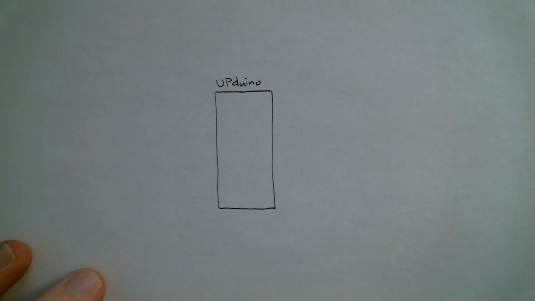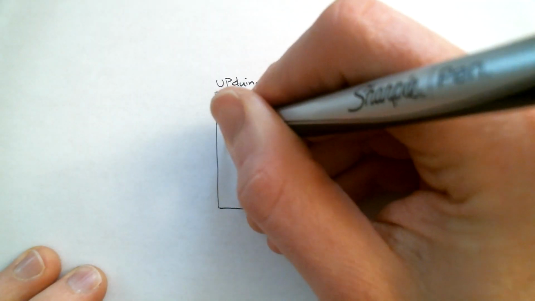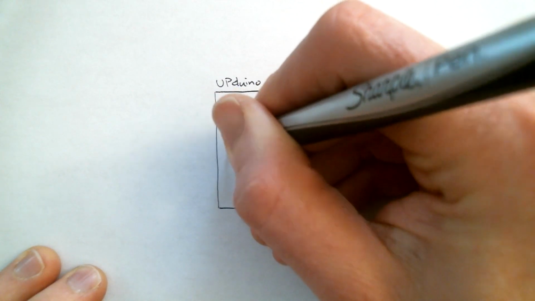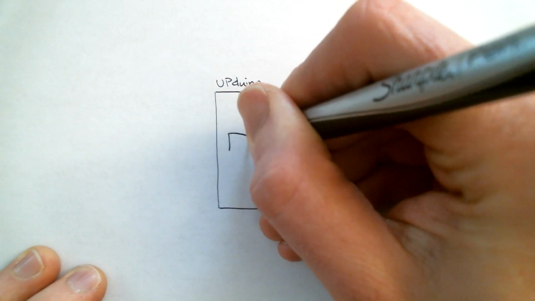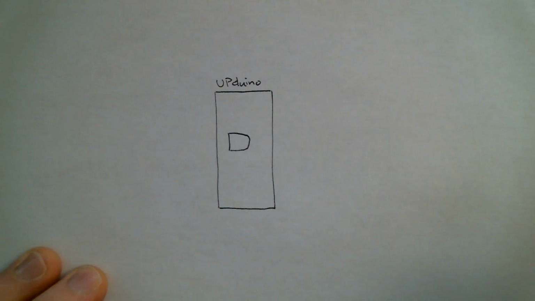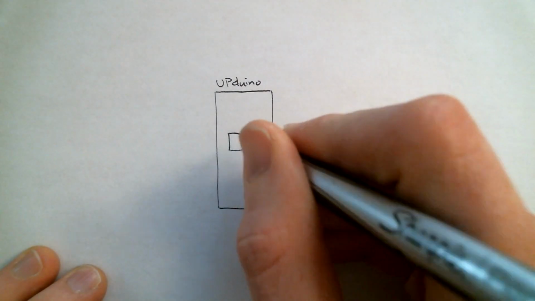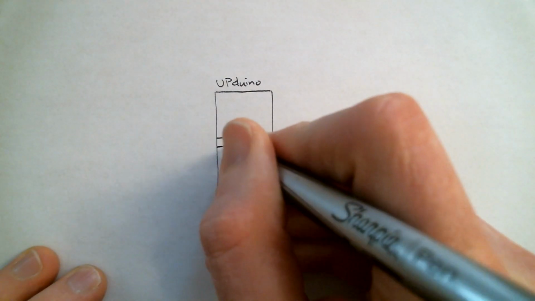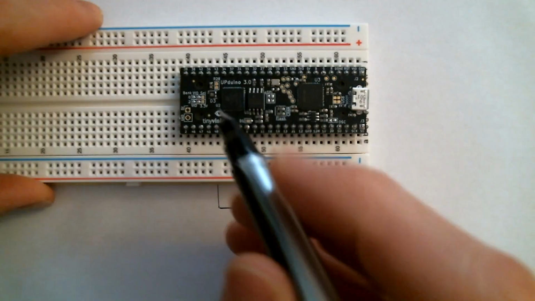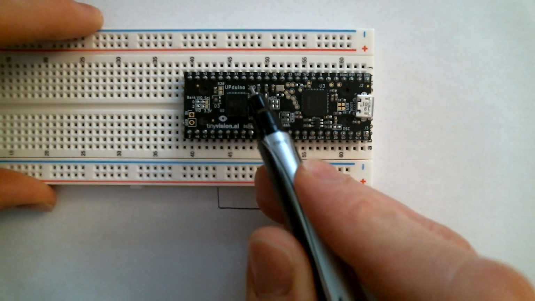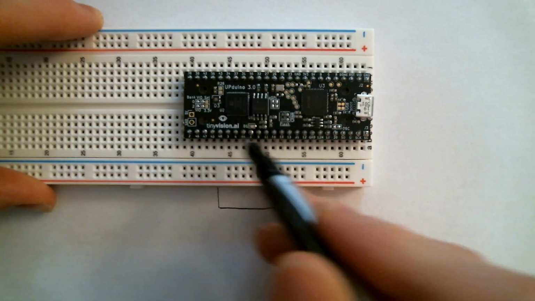Okay, so we've got our UPduino, and we are going to implement an AND gate in logic inside the UPduino. So here's our AND gate, and the two inputs to the AND gate are going to be input pins on the UPduino. Most of these pins, any of these numbered pins here, can be inputs or outputs.